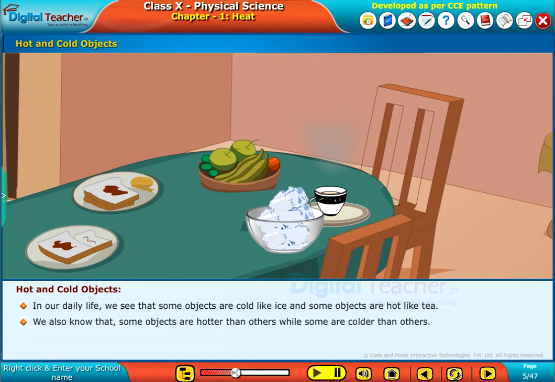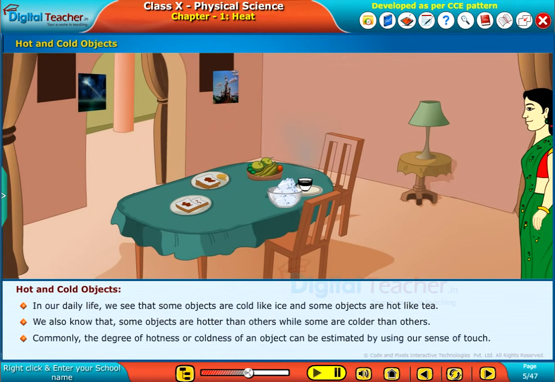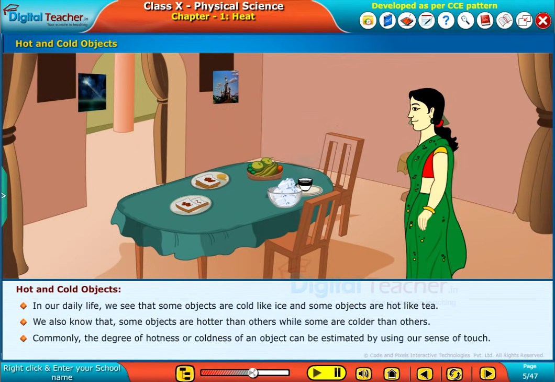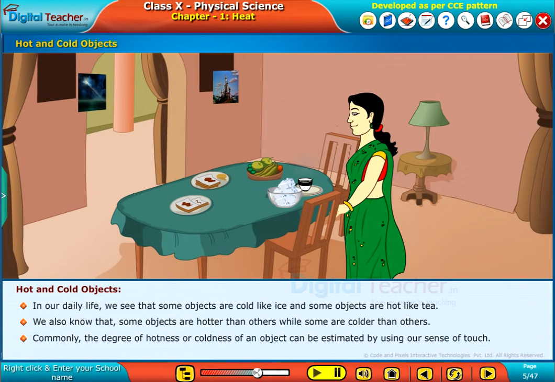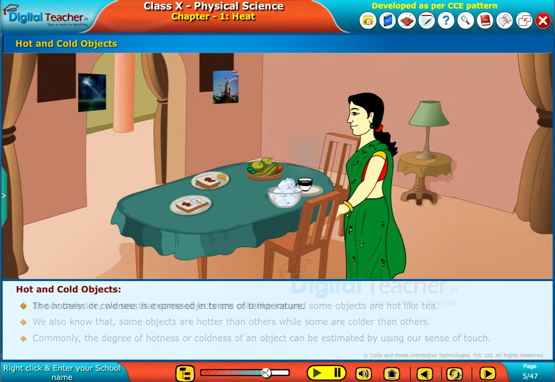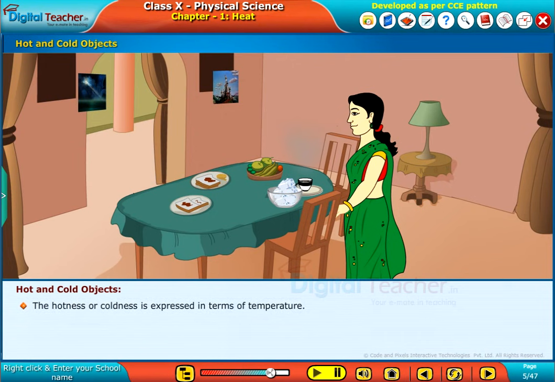We also know that some objects are hotter than others, while some are colder than others. Commonly, the degree of hotness or coldness of an object can be estimated by using our sense of touch. The hotness or coldness is expressed in terms of temperature. But estimating temperature with our hands can sometimes mislead or confuse us.